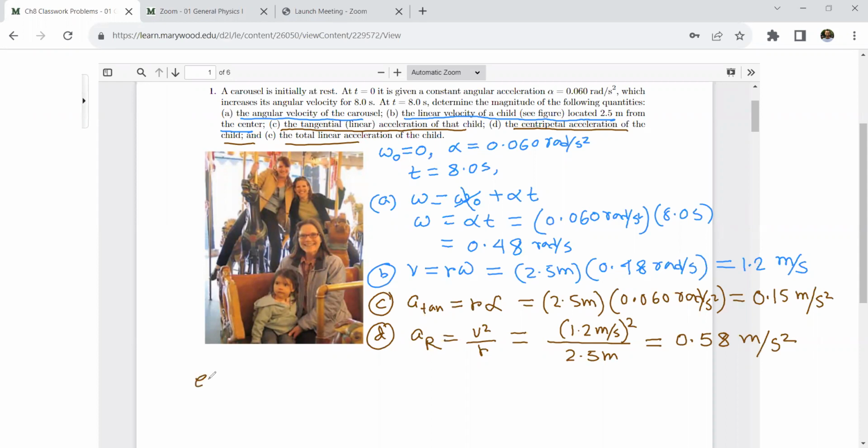And lastly, the total linear acceleration. This is linear acceleration, this is also linear acceleration, and you know that the tangential acceleration and the centripetal acceleration are always perpendicular to each other. So the total linear acceleration can be determined by using the Pythagorean theorem.